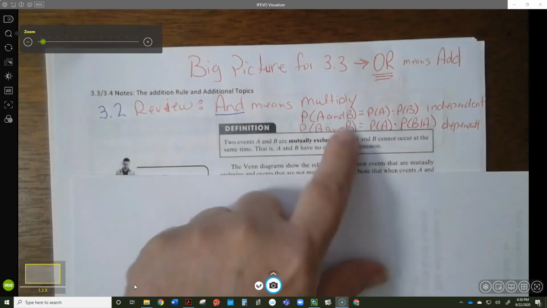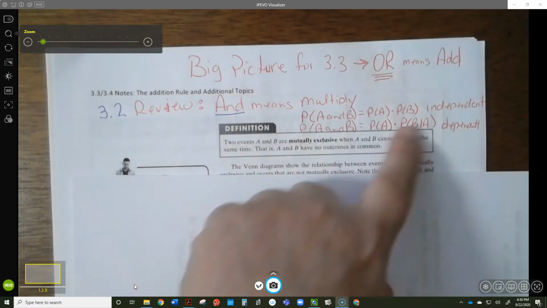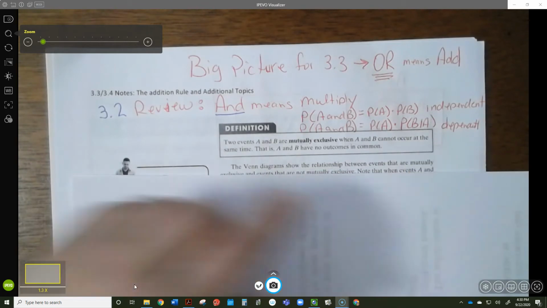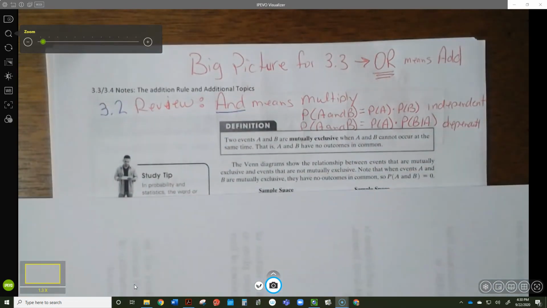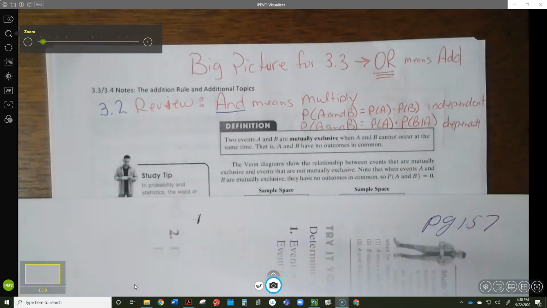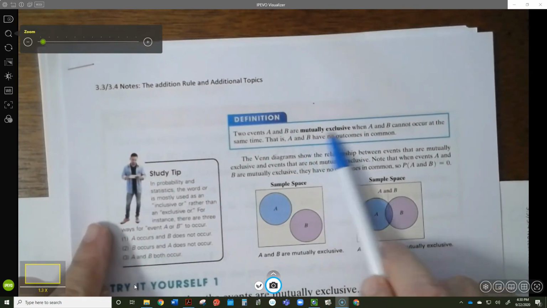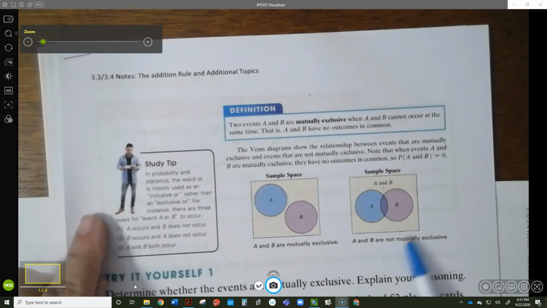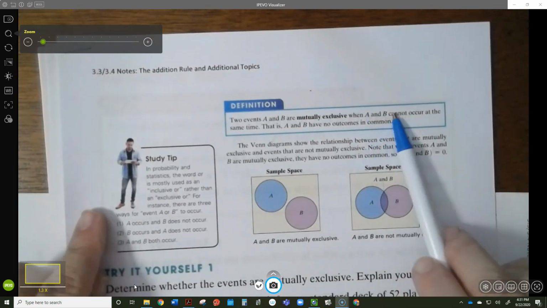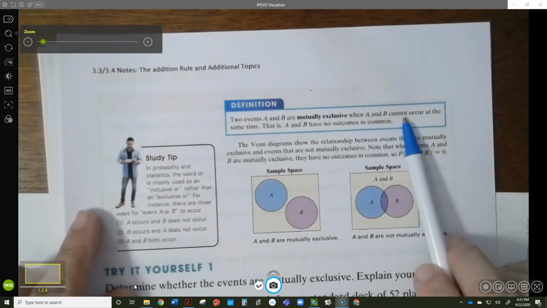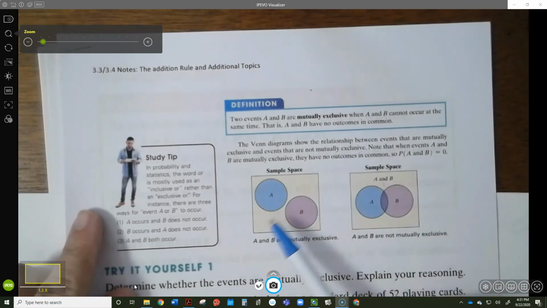So just like we had in 3-2 where we had to do independent and dependent, for this lesson, you're going to have to learn mutually exclusive. Okay, so mutually exclusive is when A and B cannot occur at the same time. They have no outcomes in common.